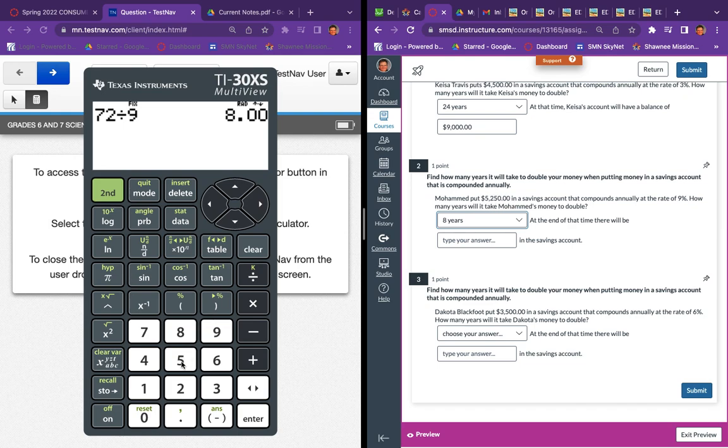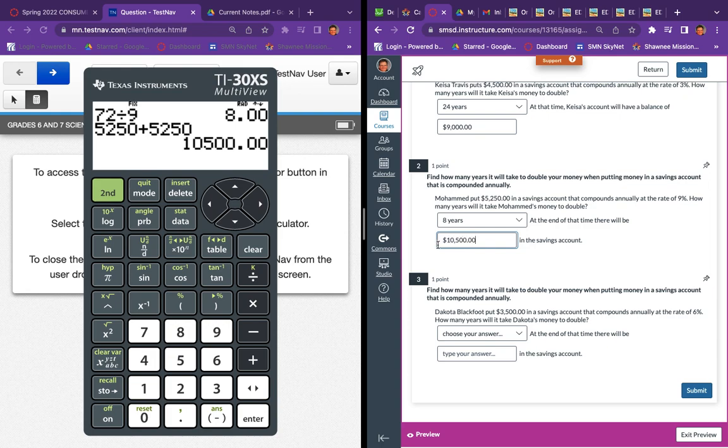So he will have taken $5,250 and it will have doubled. So there's another $5,250 in there. So he will have $10,500.